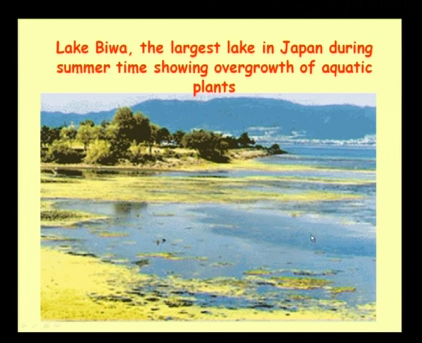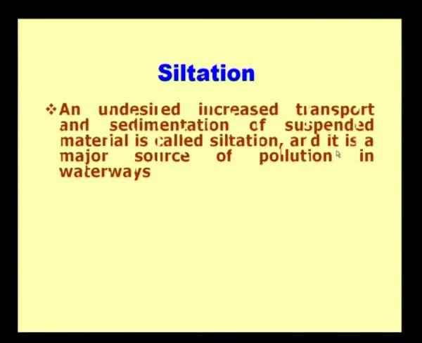See the water ecosystem, it is totally contaminated. A large amount of algae is on the surface of the water, and it is because of the eutrophication.